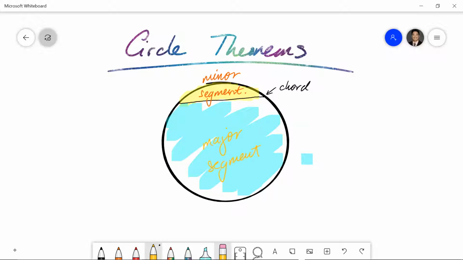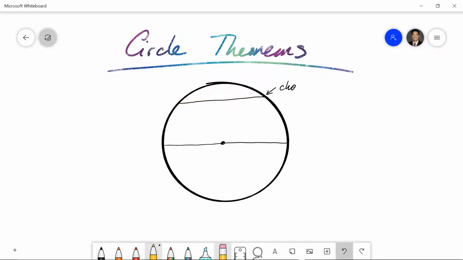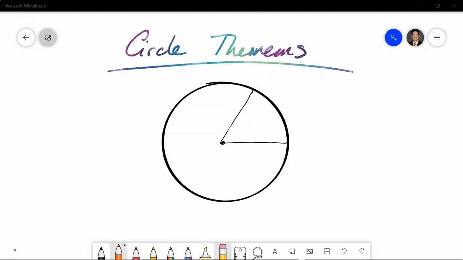Okay, so two segments of a circle that's been divided by a chord would probably be the best way of explaining it.